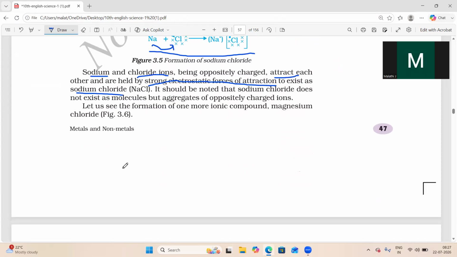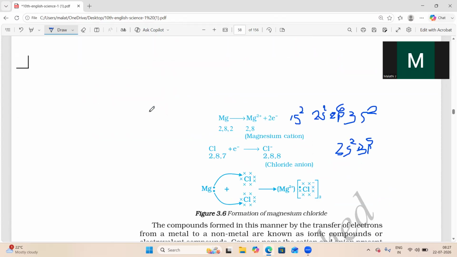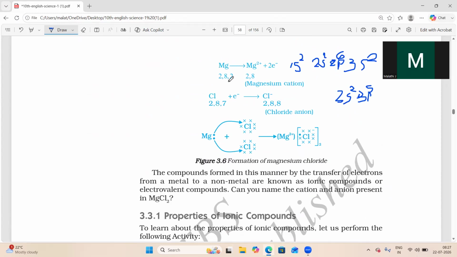One more example of formation of ions, with positive and negative charges, is magnesium. If you observe magnesium, the atomic number is 12. If you write the electronic configuration, 1s2, 2s2, 2p6, 3s2.